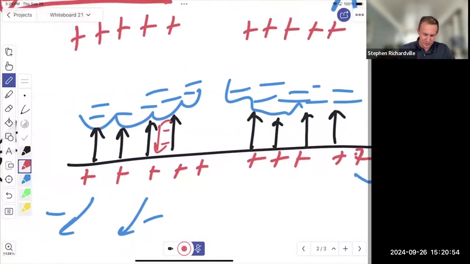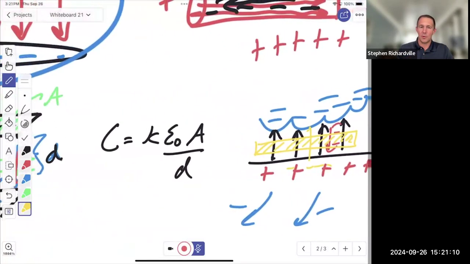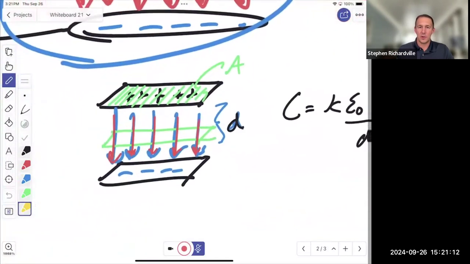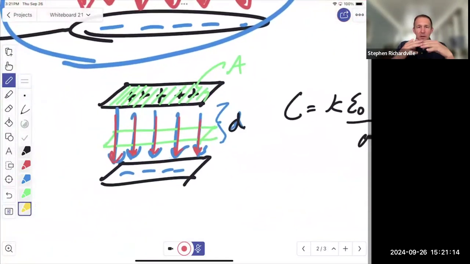So the dielectric is a material that you can put in here that allows the field to still move through it, but prevents negatives from jumping to the positive to neutralize the positive. What's the point? We're trying to store a lot of charge on these two conducting plates, but they're not touching each other.